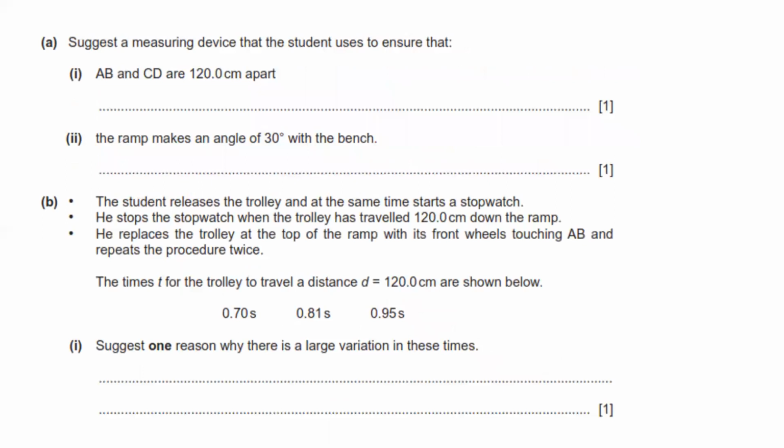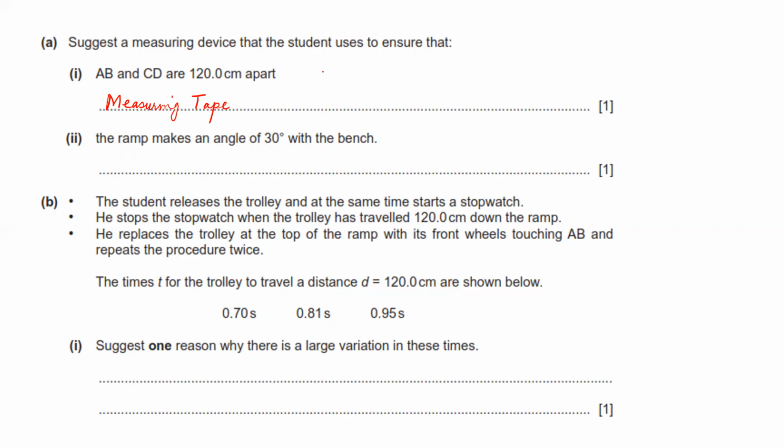Okay. So first part, suggest a measuring device that the student uses to ensure that AB and CD are 120 centimeters apart. So remember, measuring tape is the best tool. People will write ruler or a meter rule, but remember this is more than 100 centimeter.